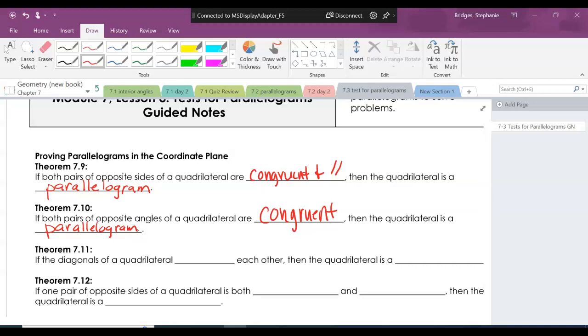The next one talks about the diagonals. What do we know that the diagonals of a parallelogram do? Bisect each other. So if the diagonals of a quadrilateral bisect each other, then that quadrilateral is a parallelogram.